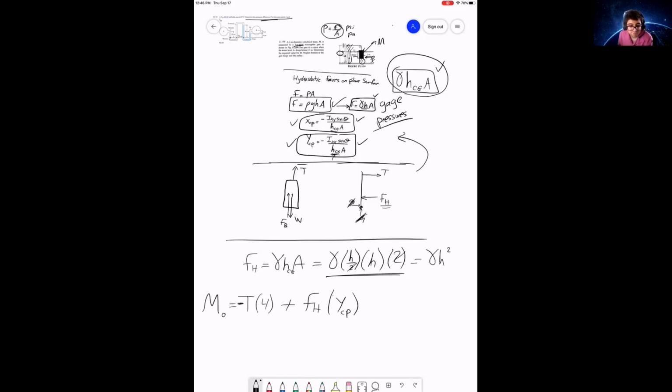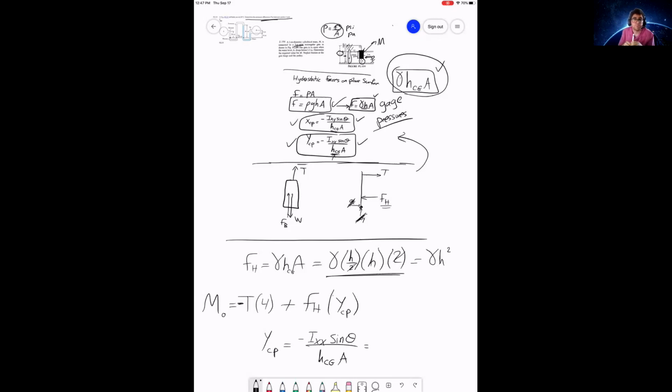Okay. So let's calculate YCP then. It's just following the formula: negative I x times sine theta over HCG times A, right? That's the formula. So what is sine theta in this case?